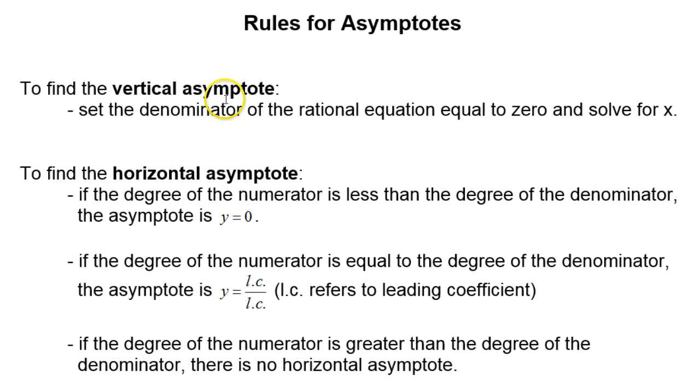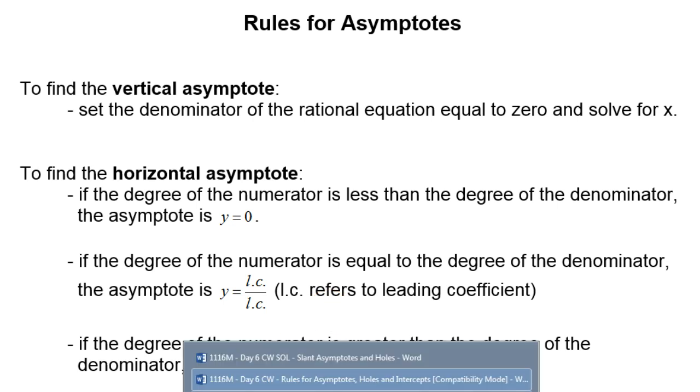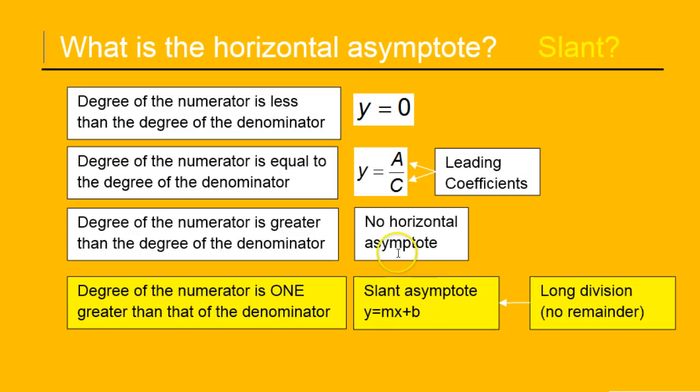Vertical asymptotes were simple. We just set the denominator equal to 0 and solve for x. And that never changes. Horizontal asymptotes were a bit more complicated. You've seen this 100 times. For horizontal asymptotes, we had to stop and think about the degree of the numerator versus the degree of the denominator.